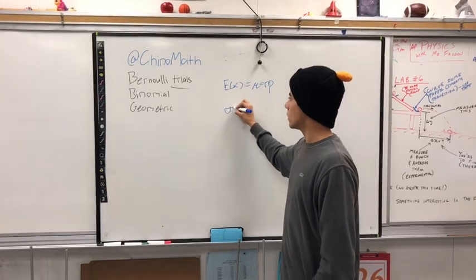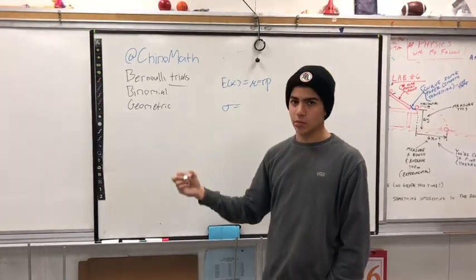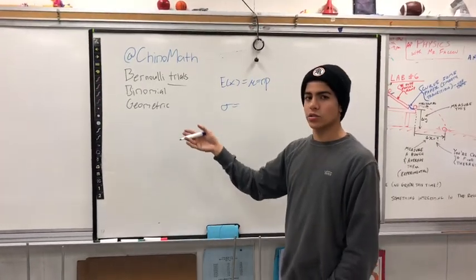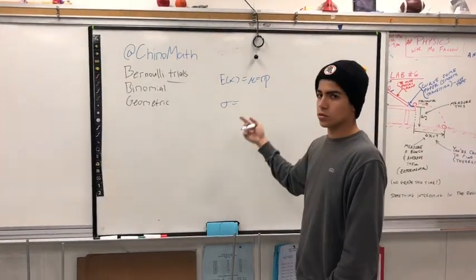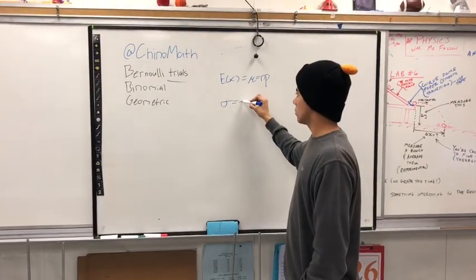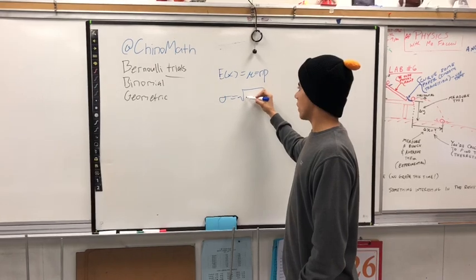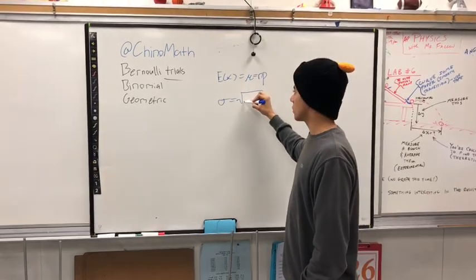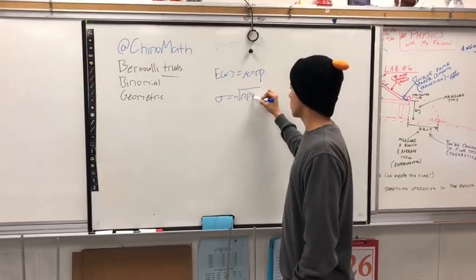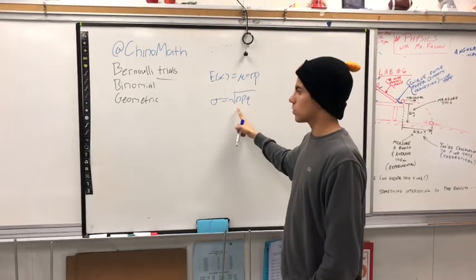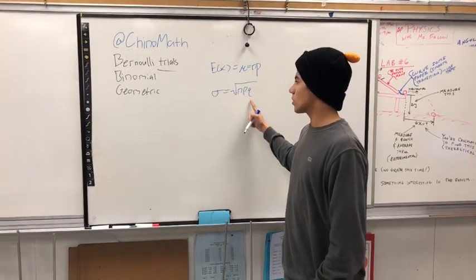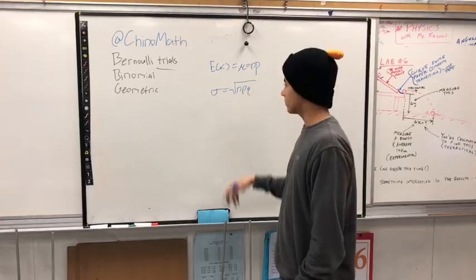And we also calculate our standard deviation, written as sigma, and this would be the average deviation from this number given a certain number of trials. And we calculate a standard deviation with the square root of npq, which is our number of trials multiplied by our probability of success multiplied by our probability of failure.